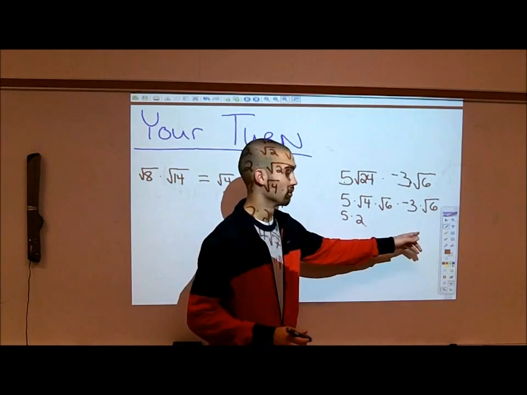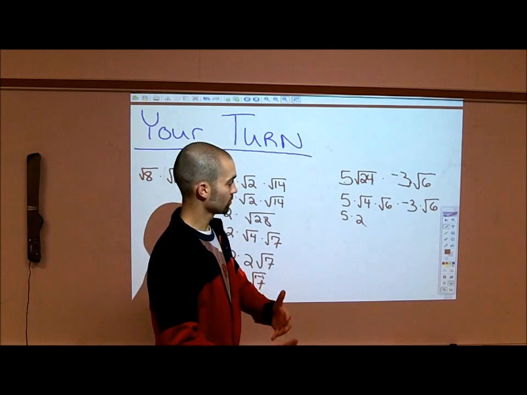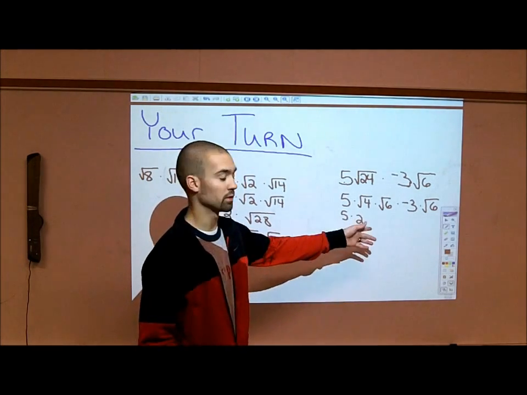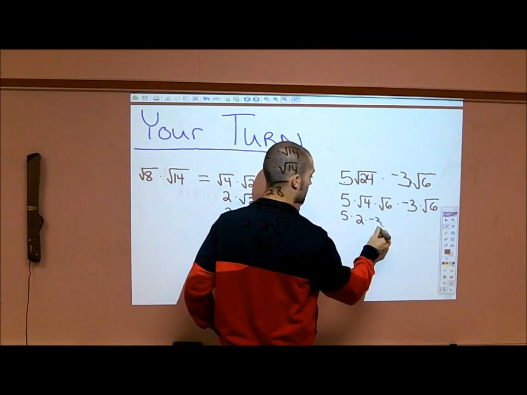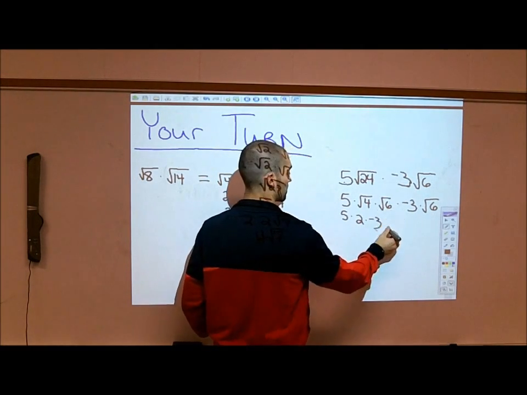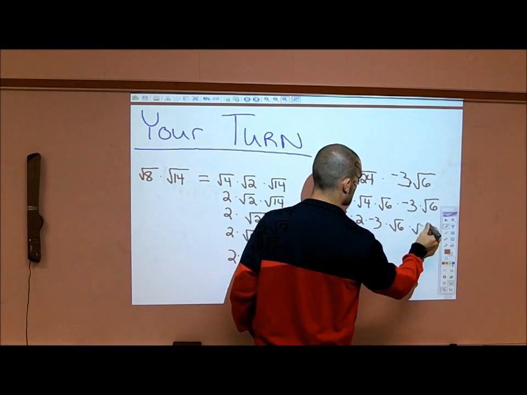I'm going to go ahead and move this negative 3 over because, again, I'm going to put my like terms with my like terms. The outside with the inside. So this is times negative 3. Then I'm going to move the square root of 6 over. Square root of 6 times square root of 6.